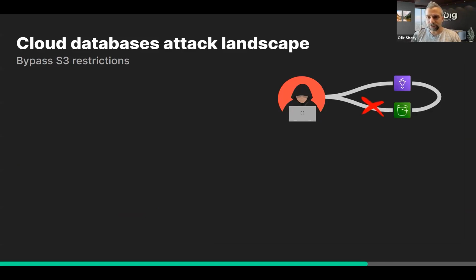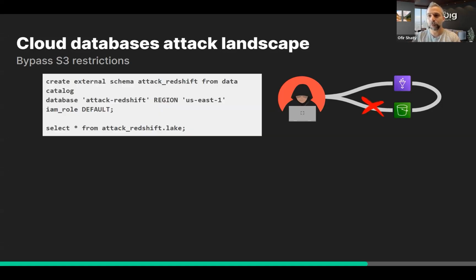Now, remember the first restriction where we tried to load data from an S3 bucket with the copy command? We could only load data from buckets that include Redshift in the name. But now, with those new permissions that we just talked about, we can bypass this restriction. In the following example, we will use create external schema in order to create a schema from a Glue database, actually.